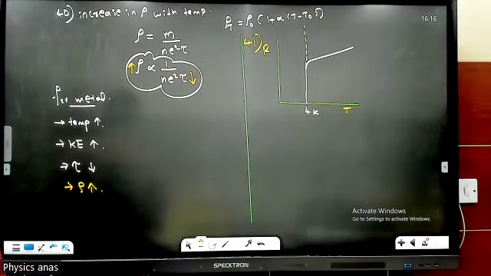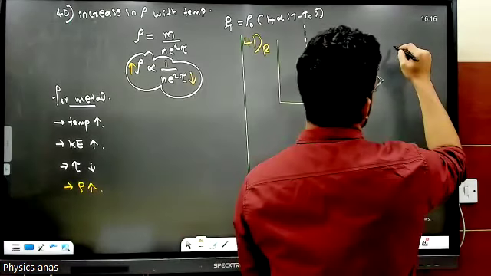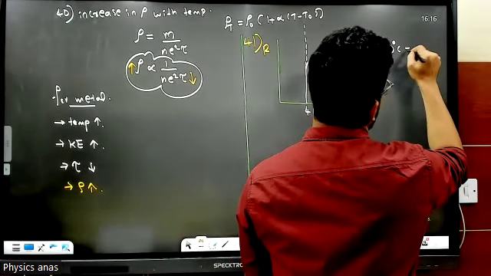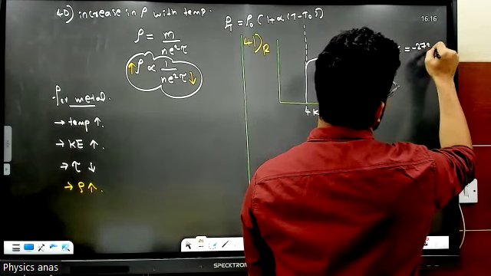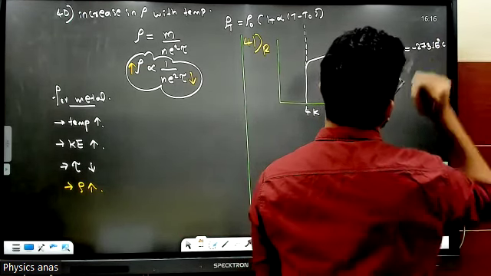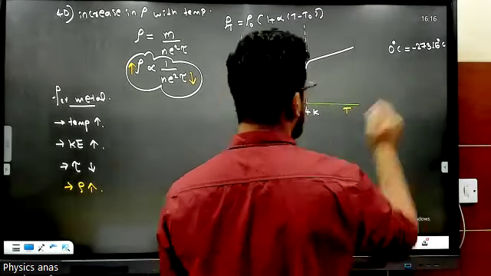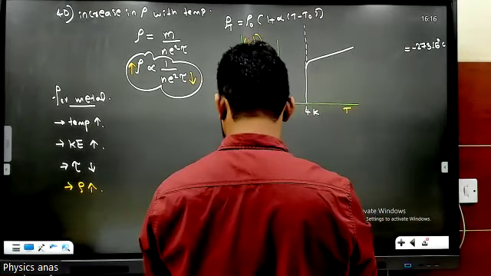4 Kelvin is a very low temperature. You know that 0 degrees Celsius is 273 Kelvin. Sorry, that's not true.